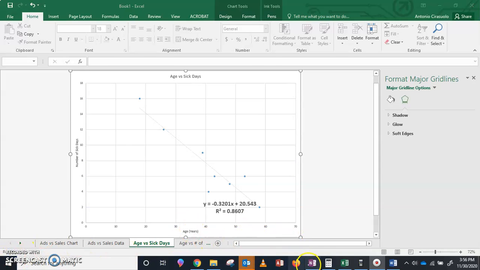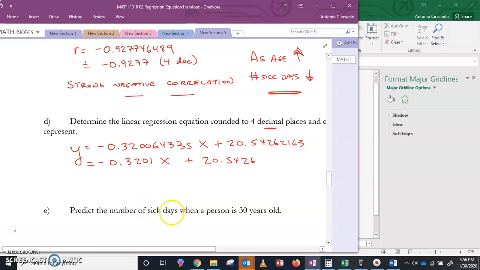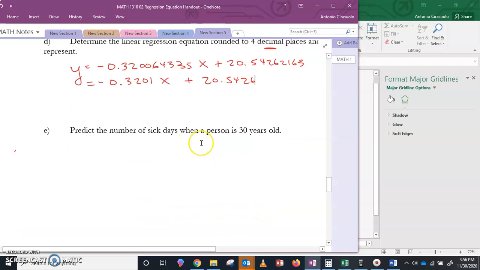So next, what we're going to do is predict the number of sick days when a person is 30 years old. All right, so once again, what does that mean? We're going to substitute x is equal to 30 into our equation. And once again, I'll use the unrounded value, times 30 plus 20.54262163.